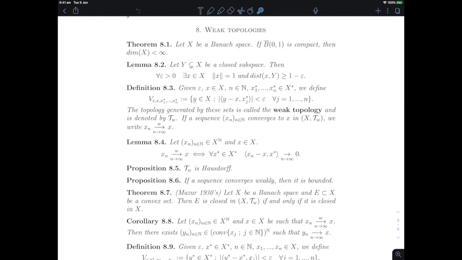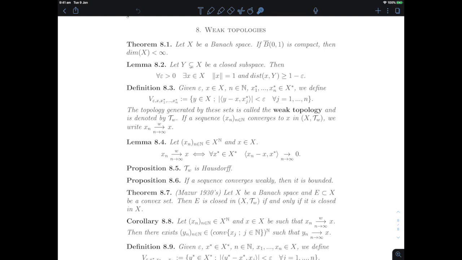But in infinite dimension, that is not the case, and I'm only going to define my weakly open neighborhoods by testing against finitely many elements in X star. But I can do that with arbitrarily many of those vectors. Right? So this is the typical open set for the weak topology.